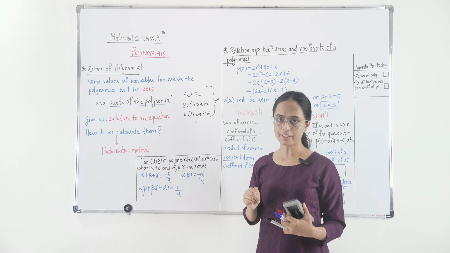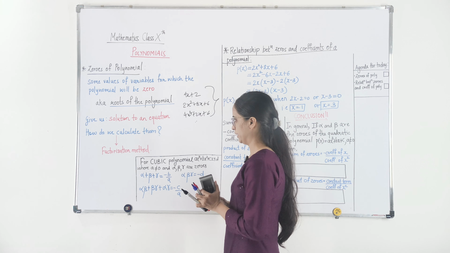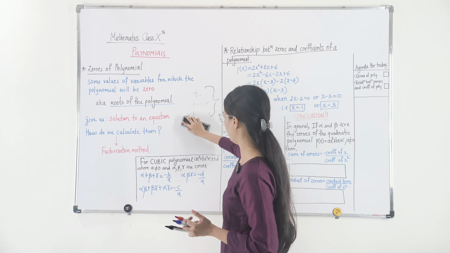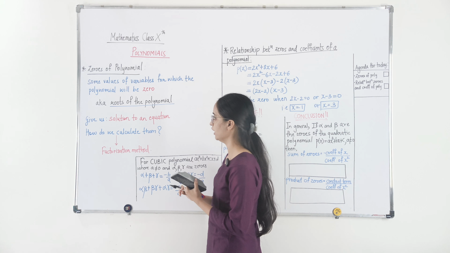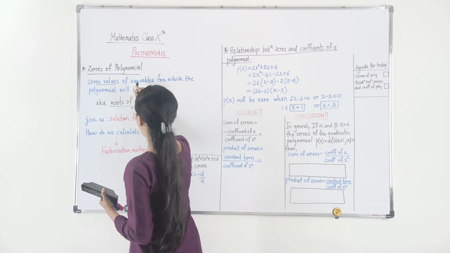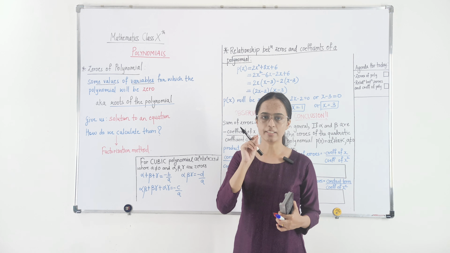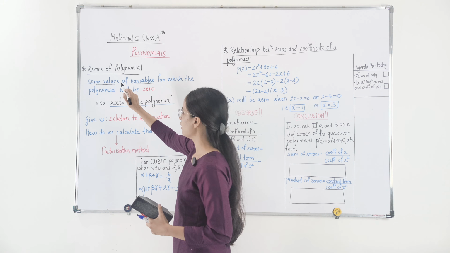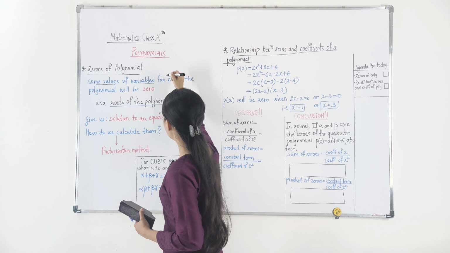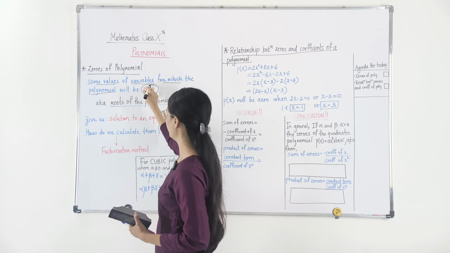Now the topic for today, that is zeros of a polynomial. What do zeros of a polynomial mean? So the definition on the board says that zeros are basically some values of variables. I hope you all know what variables are. The letters that we use in algebra are called variables. So some values of variables for which the polynomial will be 0.